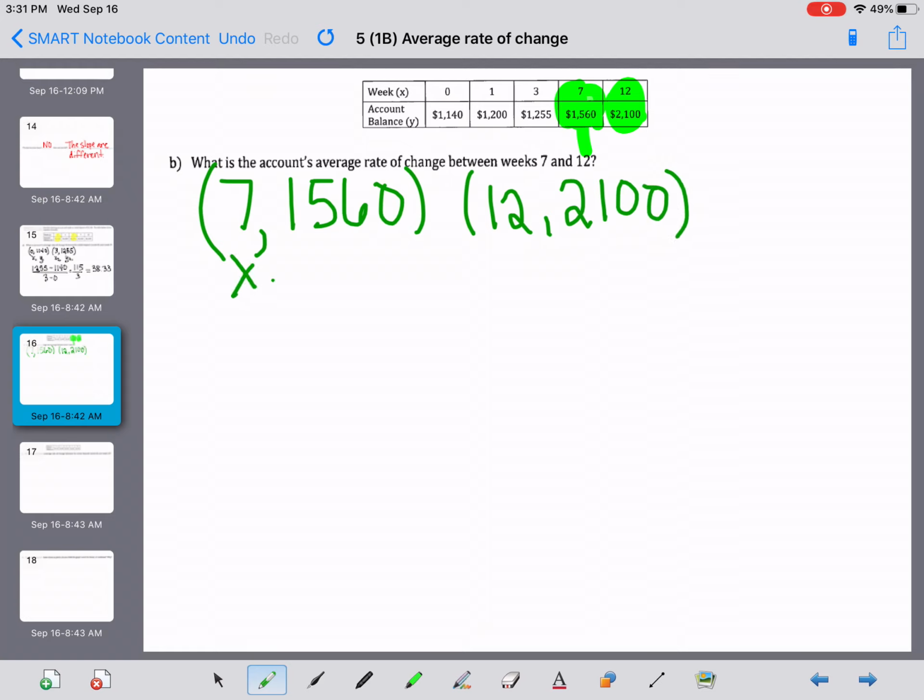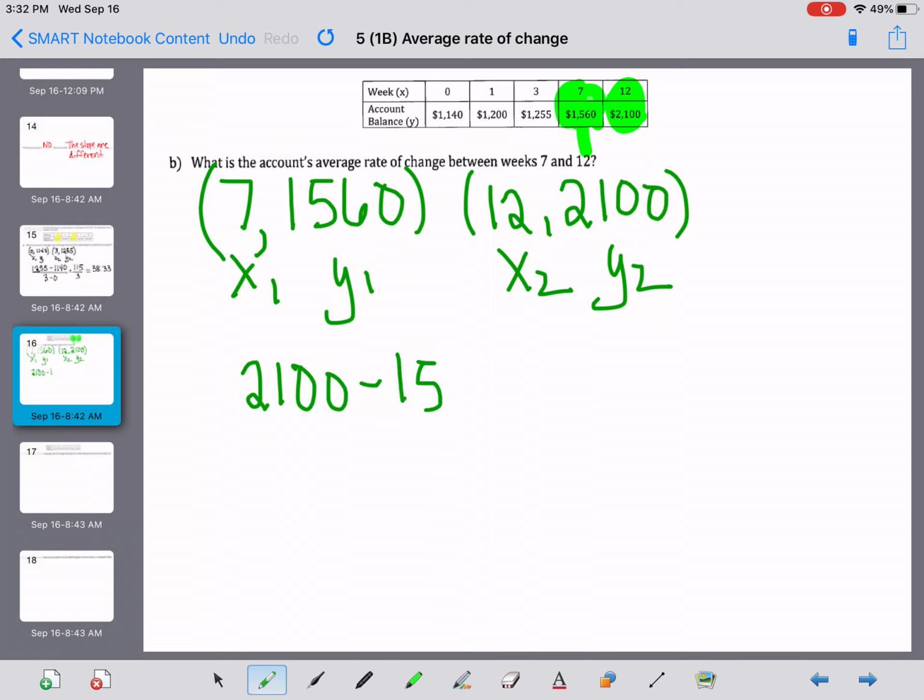And we'll label the points, and we'll calculate our average rate of change, which is also known as slope, by taking 2,100, change in y, minus 1,560, divided by 12 minus 7. And feel free to use Desmos.